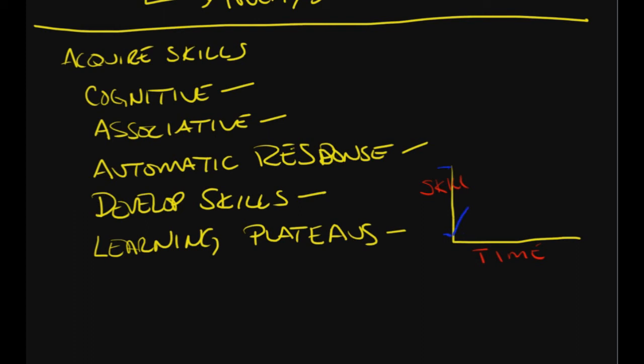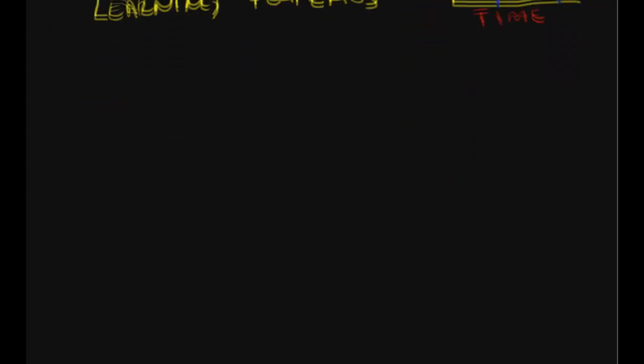So our skill increases rapidly over time, but then we start to have smaller and smaller gains, if we have any gains at all. So keep that in mind and let your students know that that very well may and will happen.